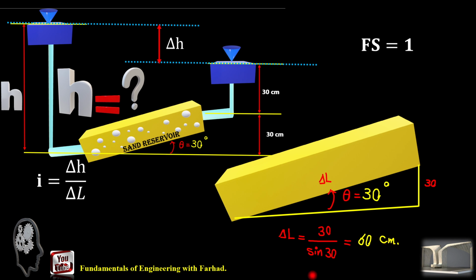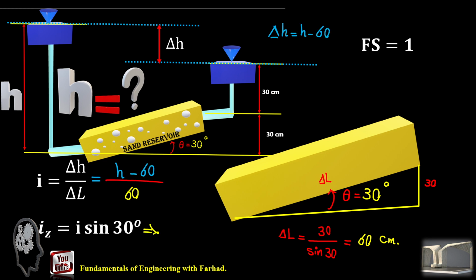As soon as we have delta L, we can also move to the numerator, which is delta H, which is total height minus 60, if this is our base. So delta H is H minus 60.